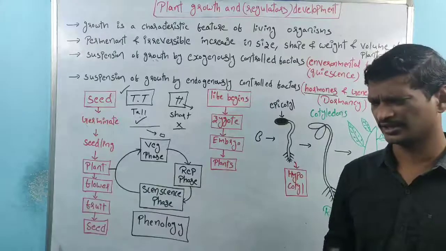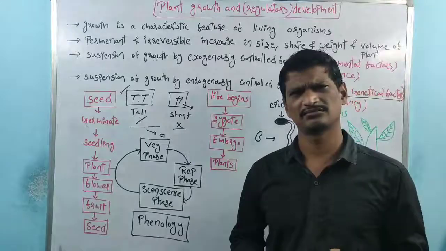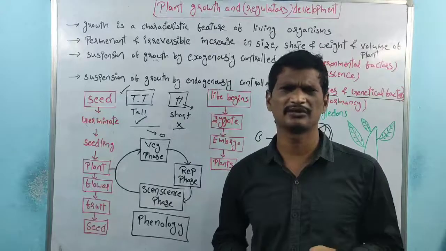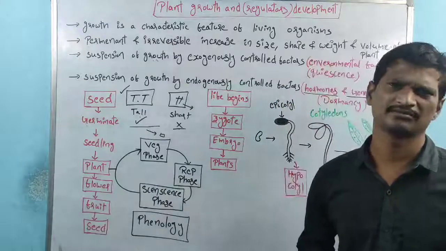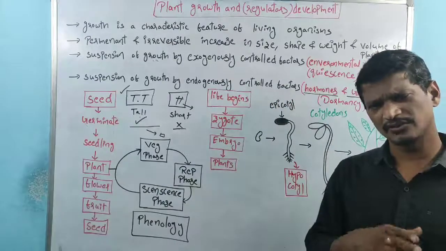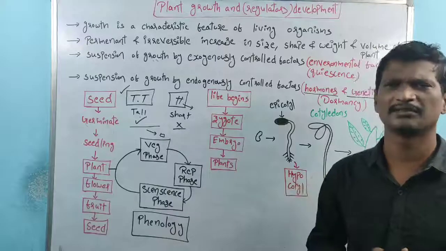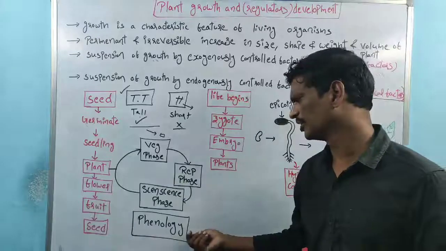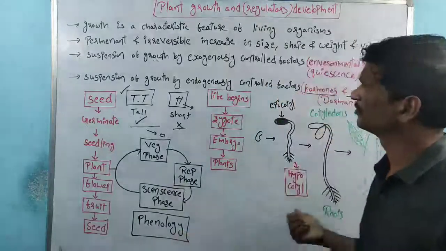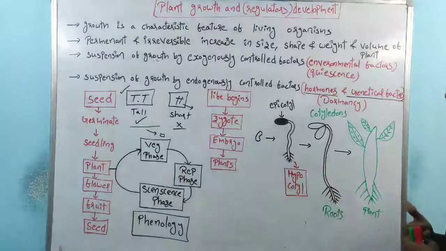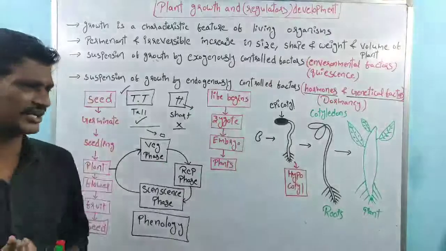In the summer season, water and minerals are not available, so most plants do not have leaves. So the plant's appearance varies from one season to another. That is called phenology. Those are some important points regarding plant growth regulators.